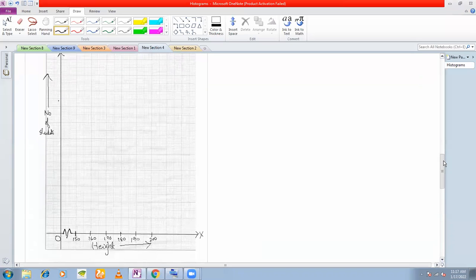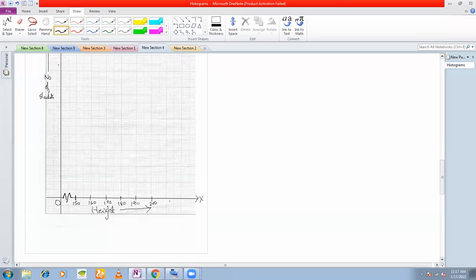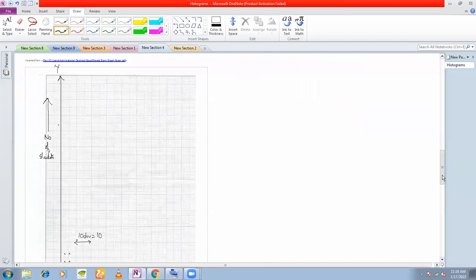Now comes the scale part. In the x-axis, we are starting from 150 till 200. There are 10 divisions between 150 and 160. So what is the difference between 150 and 160? 10. And we have how many divisions? 10 divisions. So 10 divisions is equal to 10. What is the unit of height? Centimeters, right?